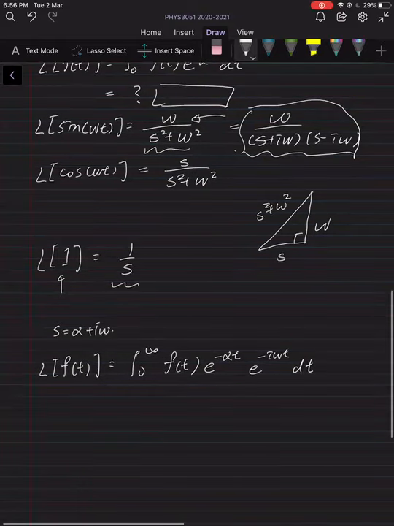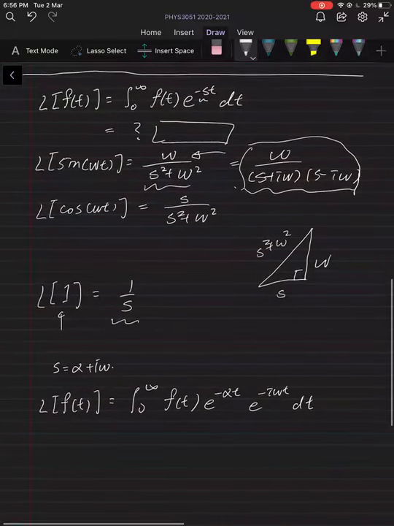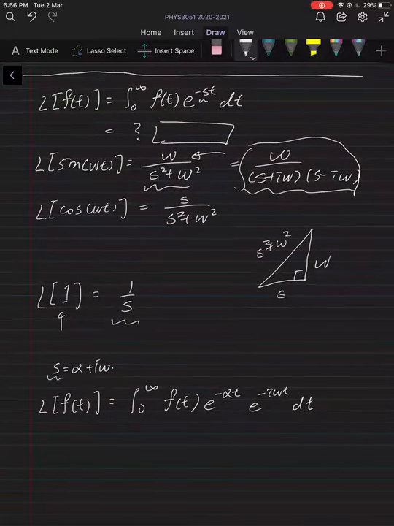Where is the e to the minus st? Shouldn't there be an e to the minus s? Oh, nothing. So here s is complex, I just simply substitute into it.